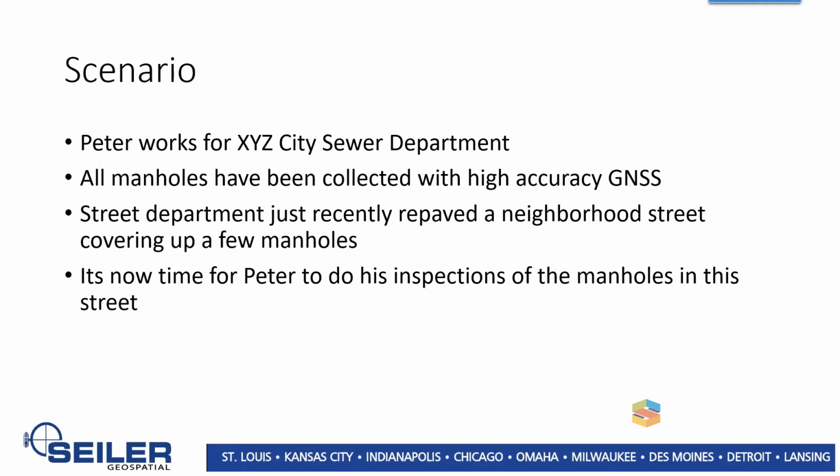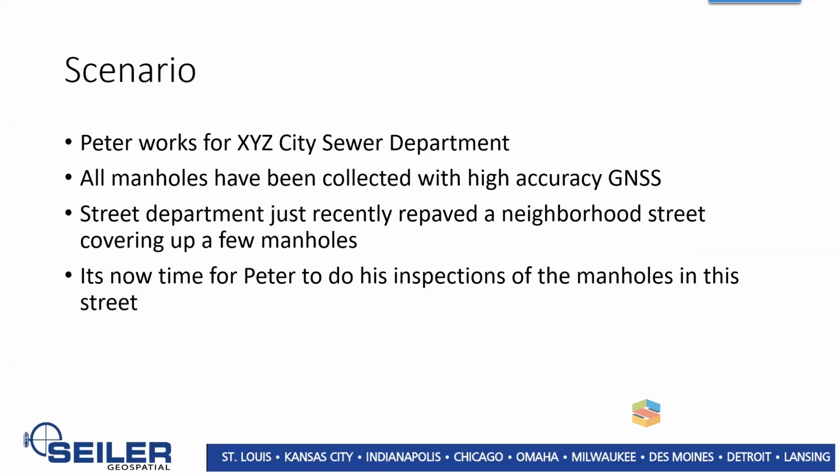And so here's the scenario that I want to create for you guys. If your name's Peter, I apologize, but Peter works for XYZ City Sewer Department, and all the manholes have been collected with high accuracy GNSS data. So the city already has that data collected, the known locations of the manholes, and it's time for Peter to go out and do his inspections of the manholes to see how they're holding up and collect that data.